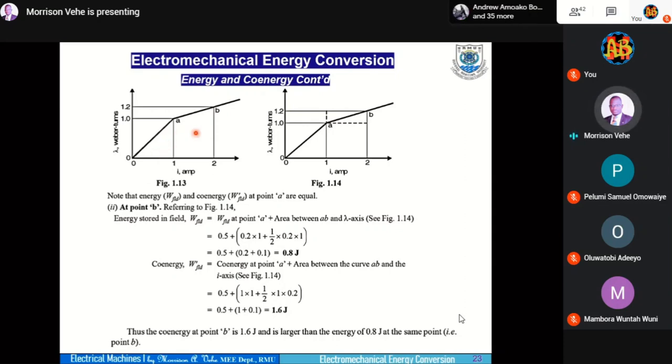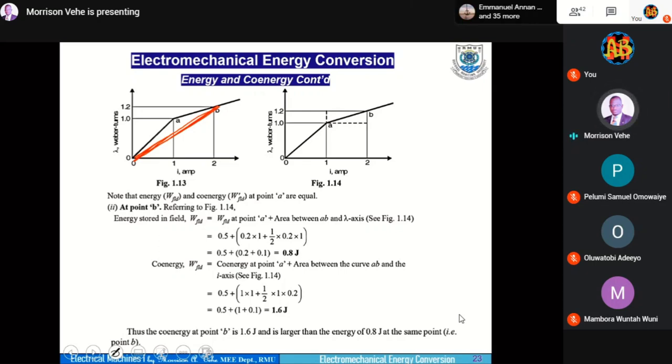When you come to the place where you are getting to B, O to B is not a straight line. I'm trying to draw from O to B. It's not a straight line.